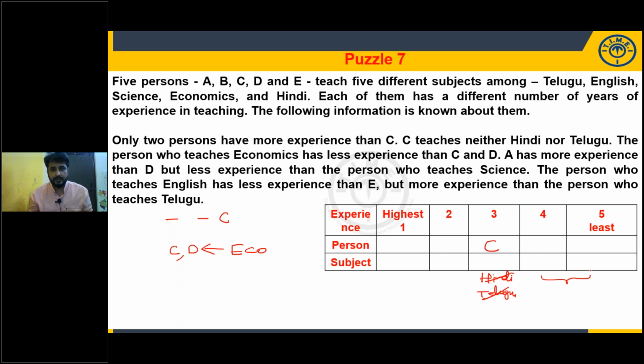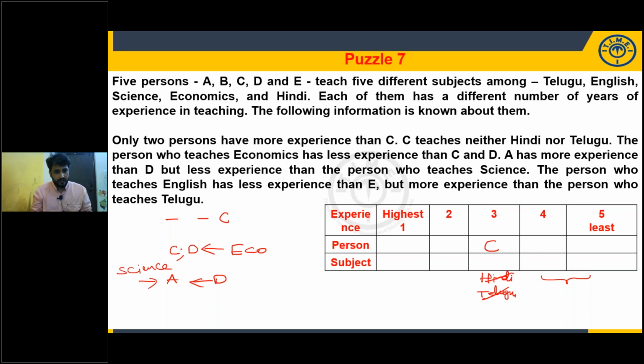Next, what is given? A has more experience than D, but less experience than the one who teaches science.